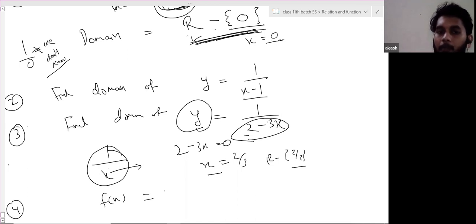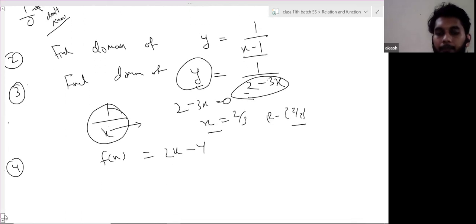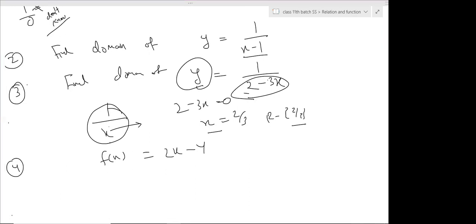Now f of x equals 2x minus 4. Tell me the domain of this function. All real numbers except 2? No, all real numbers.